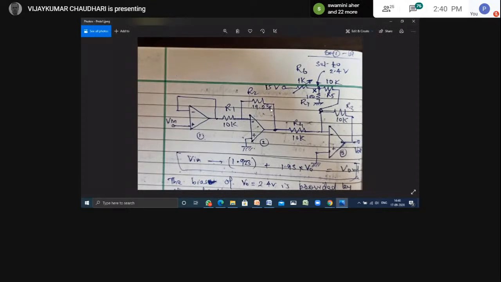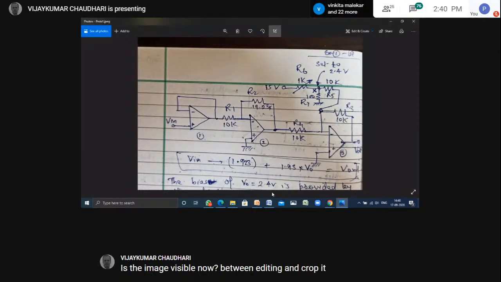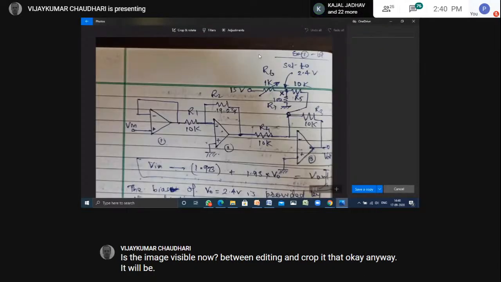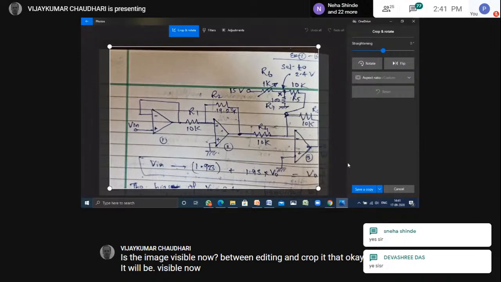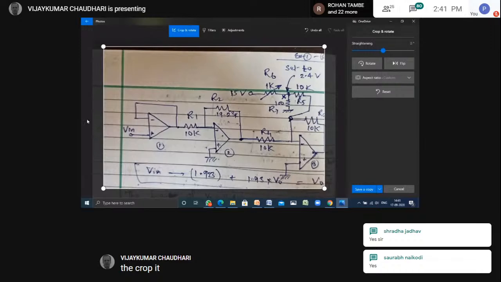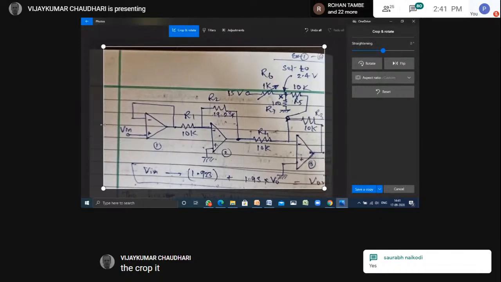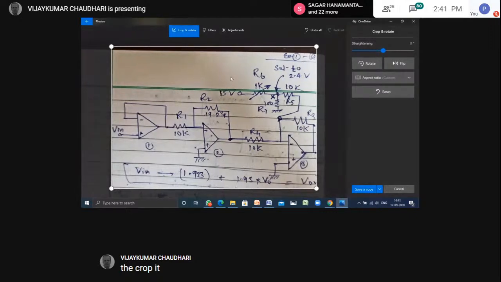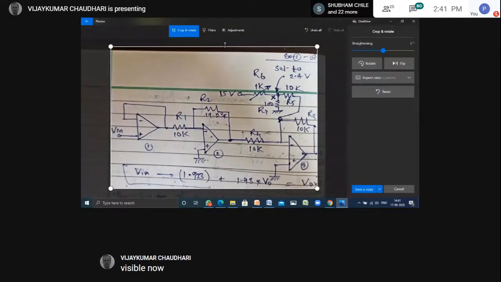Is the image visible now? Let me edit and just crop it. Okay, anyway, let it be. Is the image visible now? Should be visible now. Can you see?